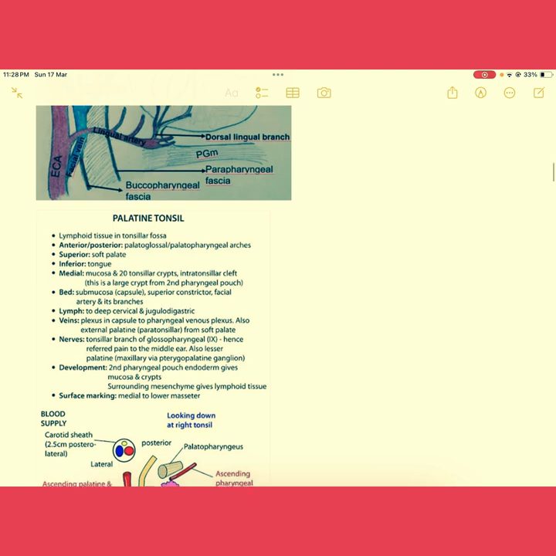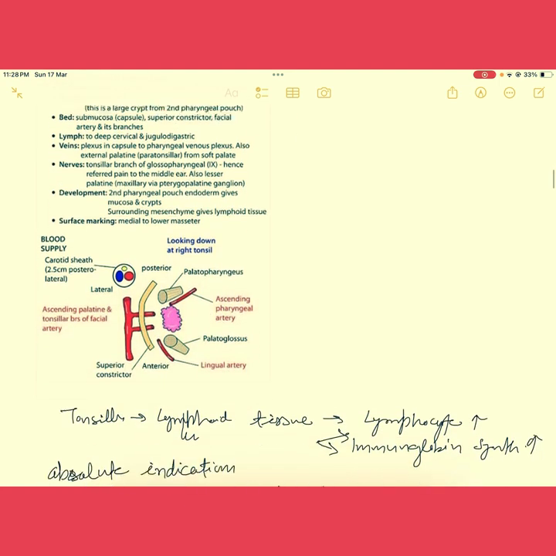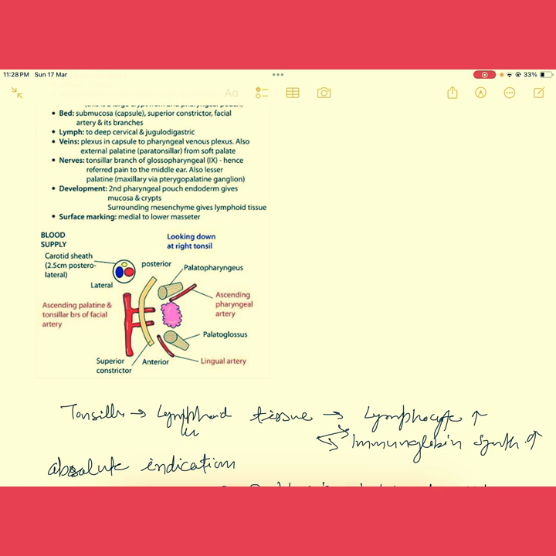Now blood supply, when we are looking down at the right tonsil, we can see that the blood supply is from the external carotid artery, from the facial artery and lingual artery. So, the ascending palatine and tonsillar branch of the facial artery. This is the superior constrictor muscle.